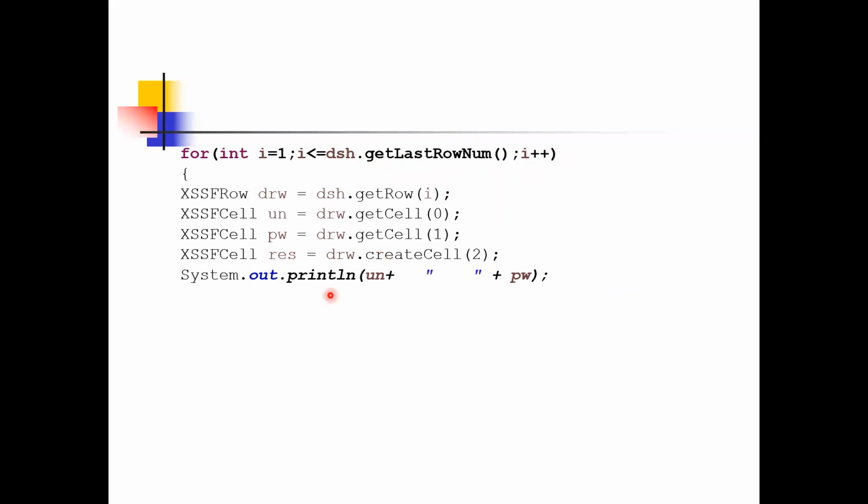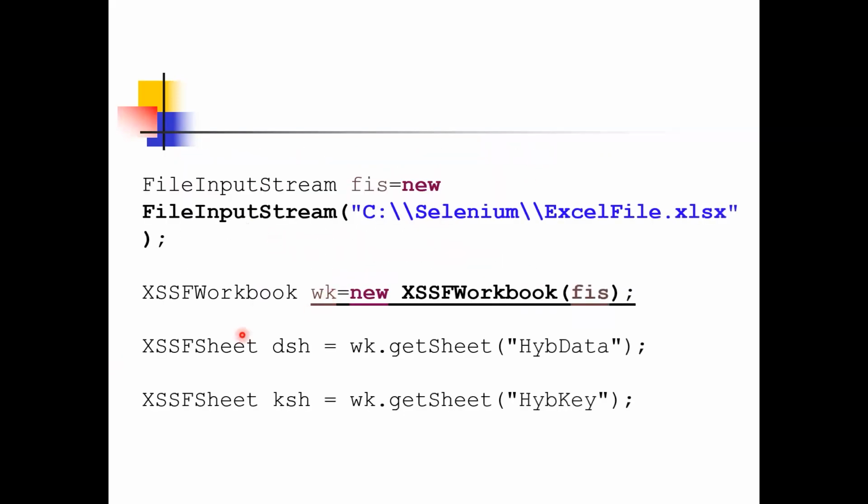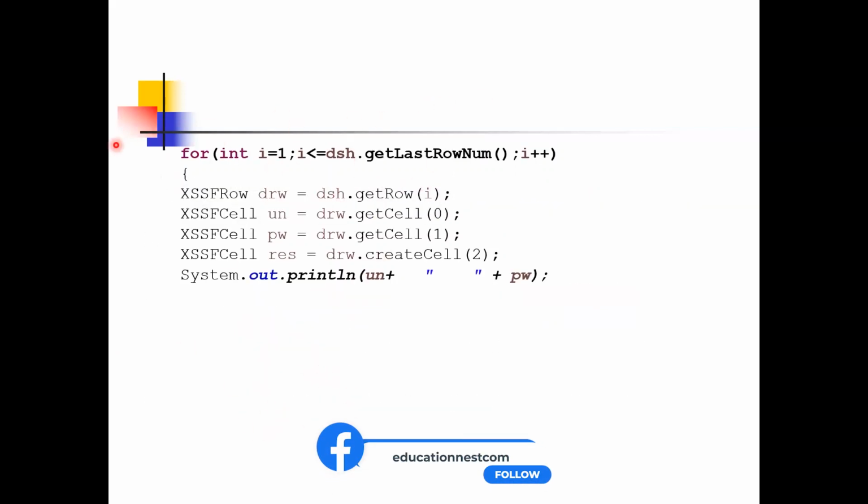Here we have to apply two for loops, one for this DSH sheet and one for this KSH sheet. First we are dealing with the DSH sheet. So for the row, we give the data row, initial DRW, get row i, meaning every row: row 1, row 2, row 3, rows are changing.